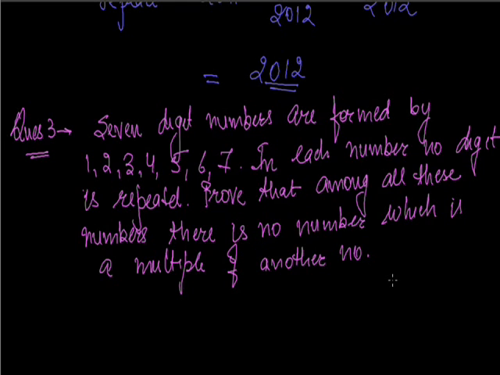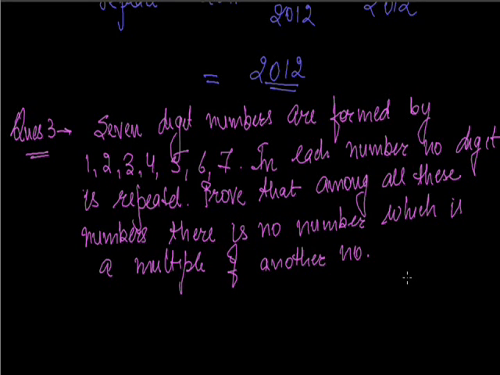It is given that 7-digit numbers are formed using 1, 2, 3, 4, 5, 6, 7, with no digit repeated in a number. We have to prove that among all these 7-digit numbers, there is no number which is a multiple of another number.